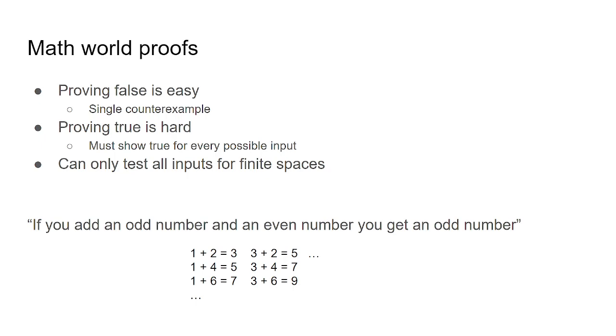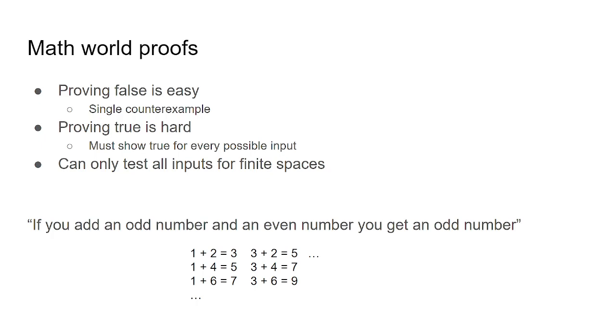And a counterexample is just showing that there's one case where the statement you said isn't actually true. And sometimes it can be really difficult to find a counterexample, so it can be hard in that way, but once you've found it, you don't have to do any more work. You just say the counterexample exists.